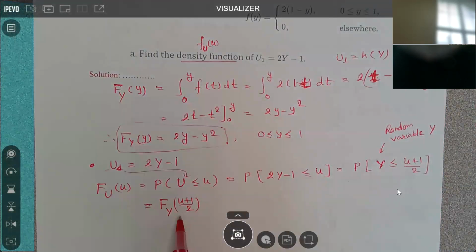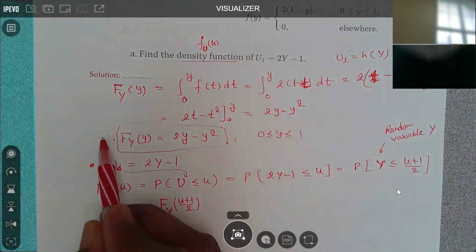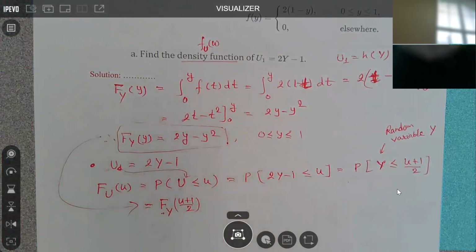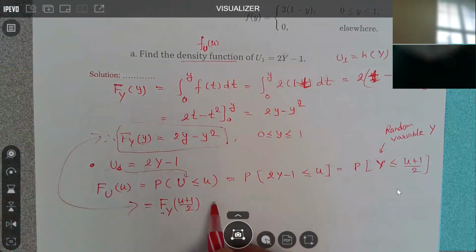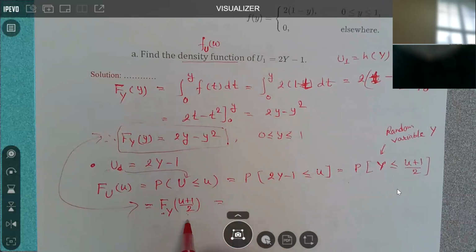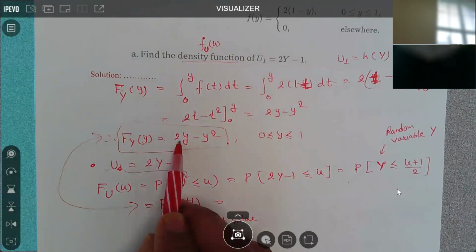Now you see here this F_Y(y). You already know the CDF, cumulative distribution function, for Y. So you plug in the values here. This is the input value, right? You plug those values in here.